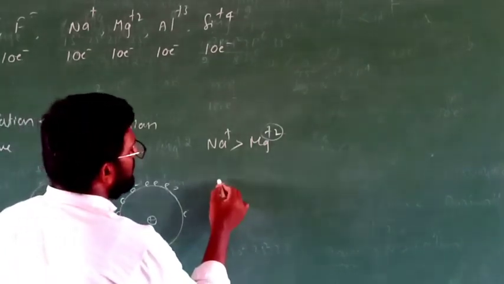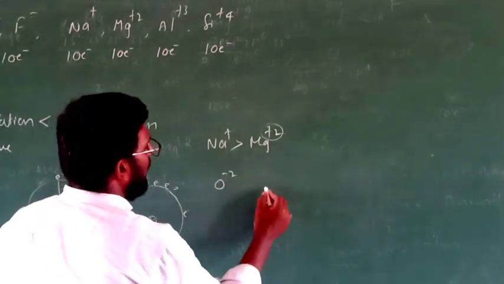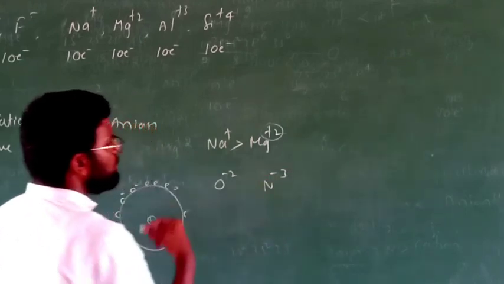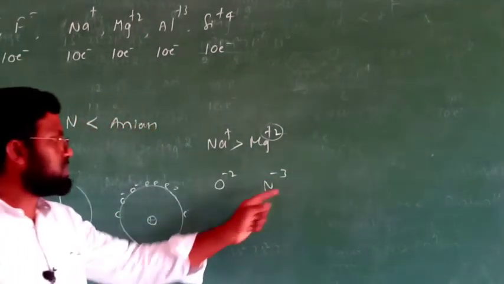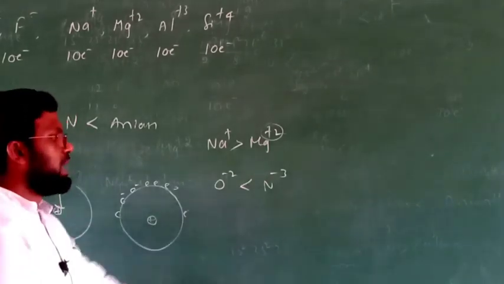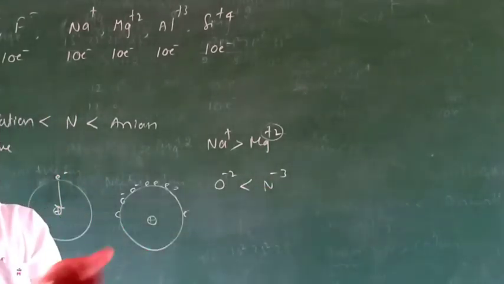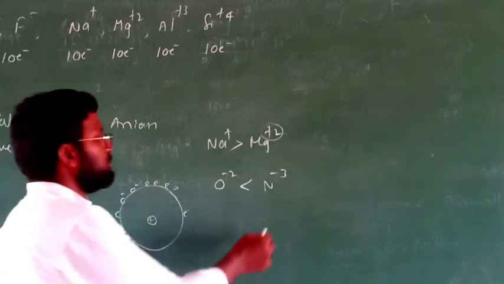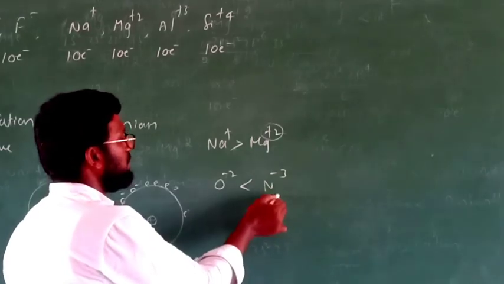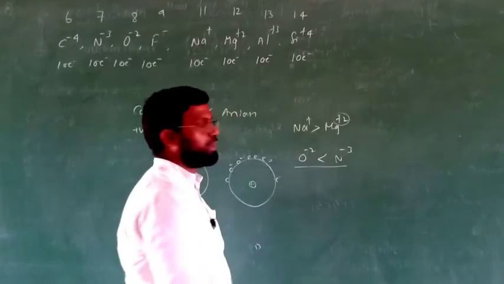Next, among O minus 2 and N minus 3, which is larger? N minus 3 is larger because as the negative charge increases, that is, the number of electrons increases, the size of the anion gradually increases. So N minus 3 is greater in size than O minus 2.